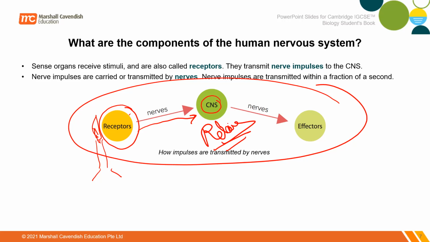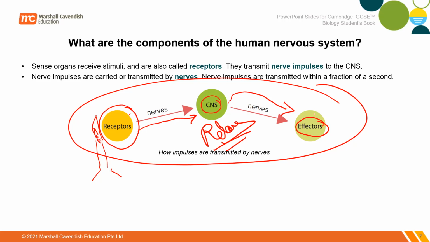The relay neuron coordinates the action, sending the message through the motor neuron to the effector. The effector could be your muscle, your gland, any specific part of your body that will respond or take the action needed.